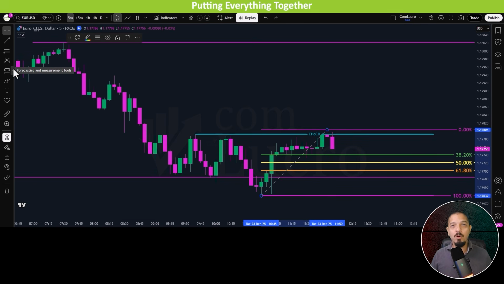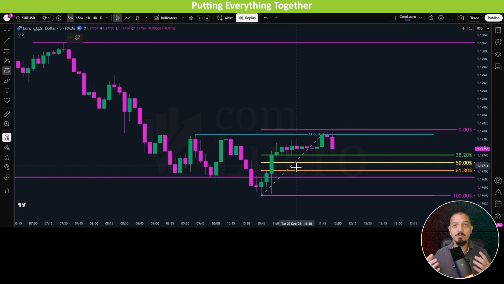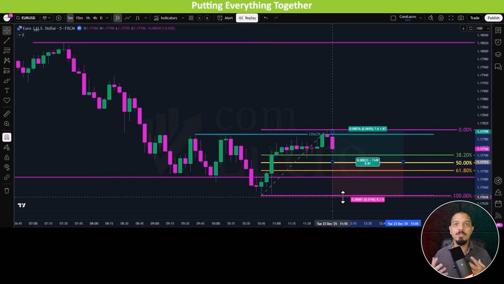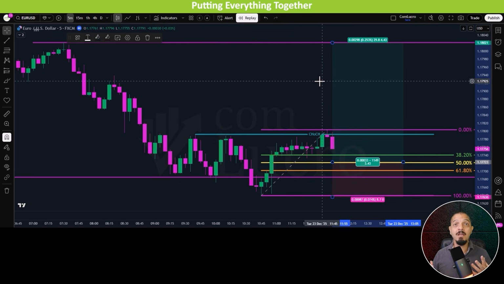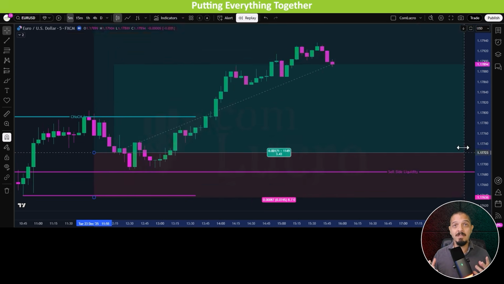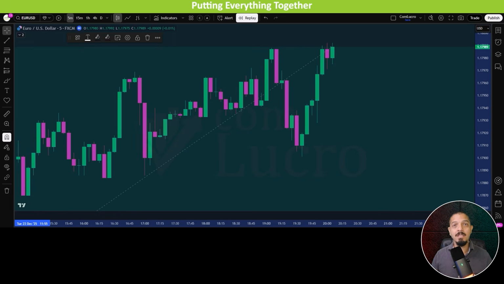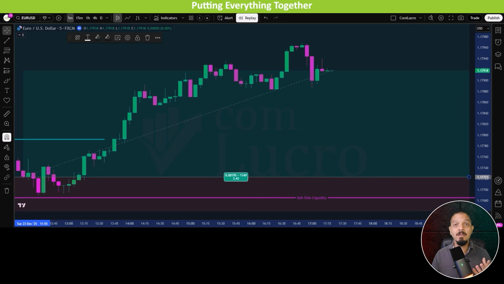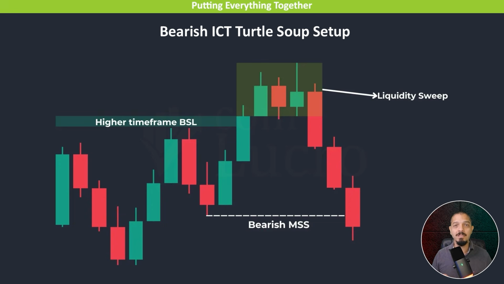Here at ComLucro, we prefer to apply a Fibonacci retracement after the market structure shift occurs. Keep adjusting the retracement as price develops, and place a pending entry order at the 50% retracement level, targeting the nearest higher time frame buy-side liquidity. The same logic applies to the bearish scenario, with everything inverted.